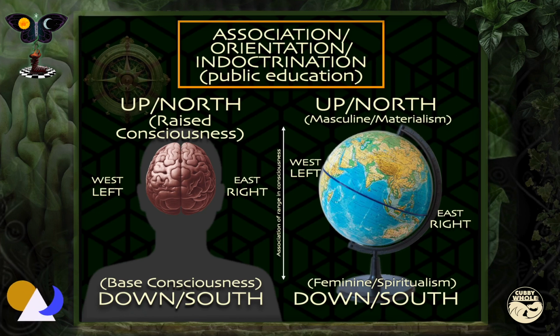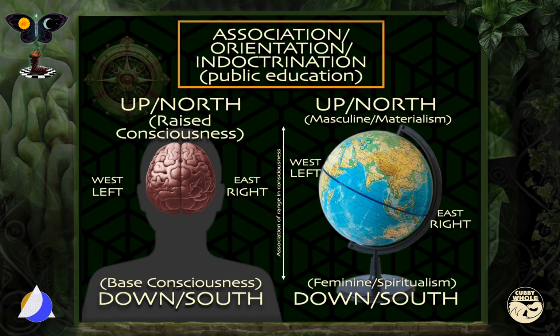But the point that I want to make here is that the North is associated with masculine, which is associated with materialism. And masculine energy is centralized in the upper region, in the North, as a result of this orientation. And so subconsciously, we associate up with, you guessed it, materialism as a result. So think about that very, very deeply.